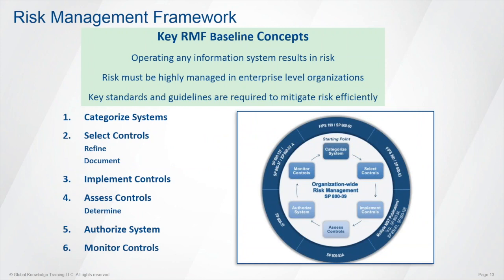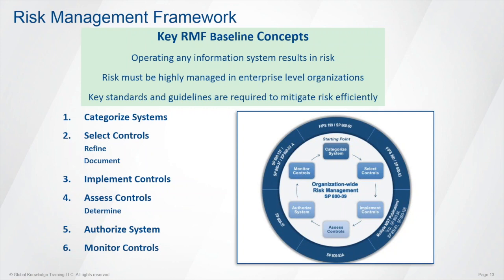It's a cycle. It starts at the top. You have to categorize your systems. So this means that you have to inventory all the systems you have and subsystems and that sort of thing, understand what happens where, understand the priority of systems, understand why they exist, what they do to further the mission and goals of the organization, that sort of thing.